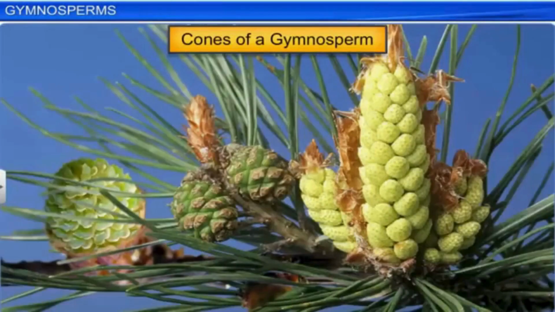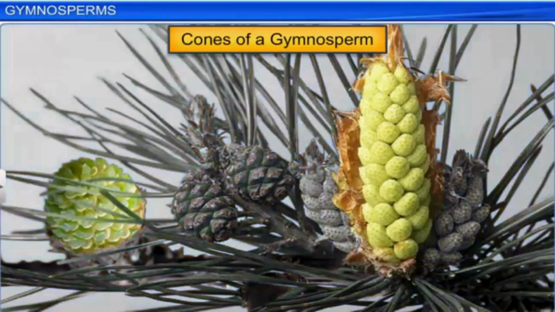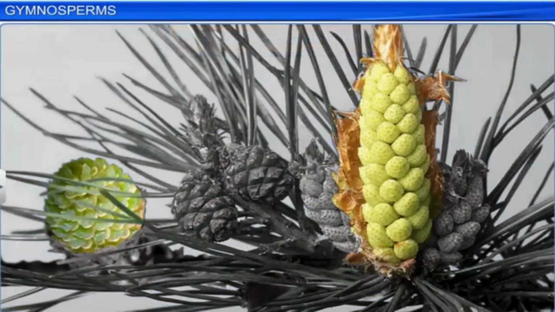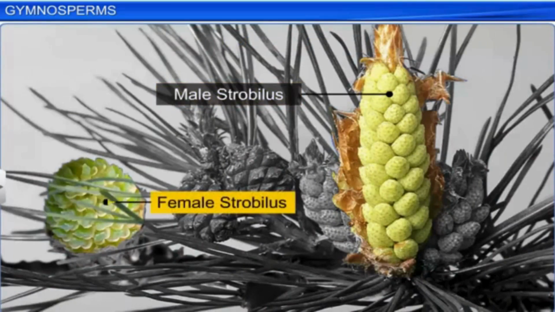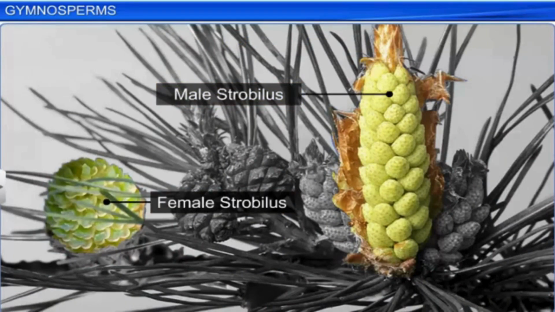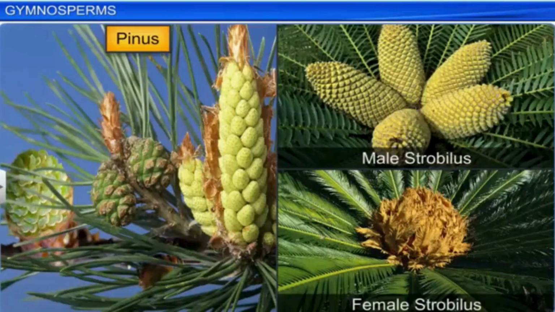The reproductive structure of a gymnosperm is called a strobilus or a cone, and gymnosperms have both male and female strobili. Interestingly, the strobili may be borne on the same tree as seen in Pinus, or on different trees as seen in Cycas.